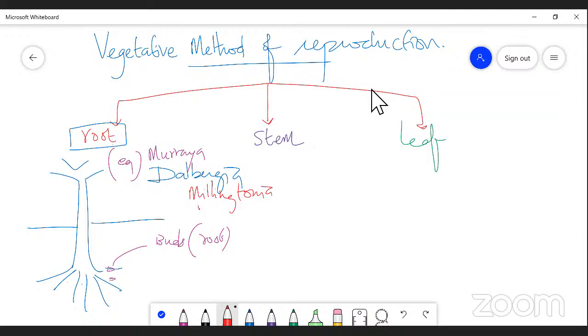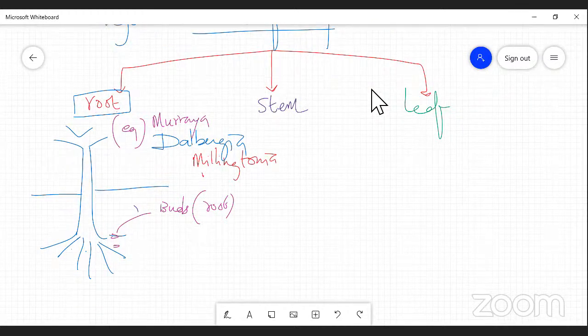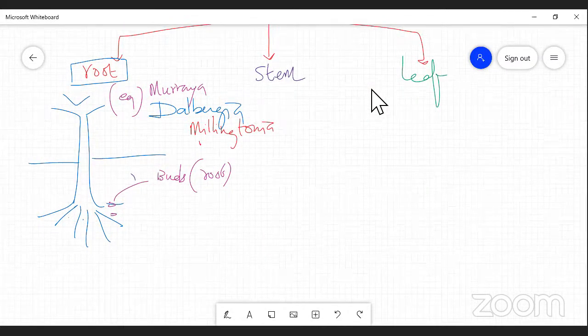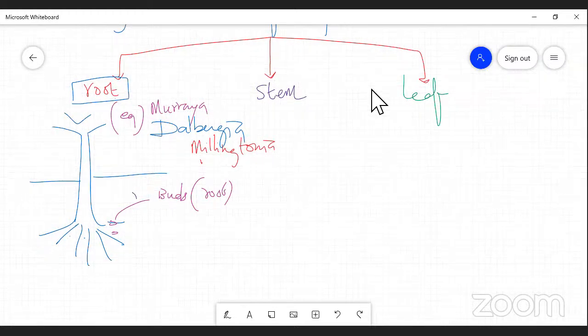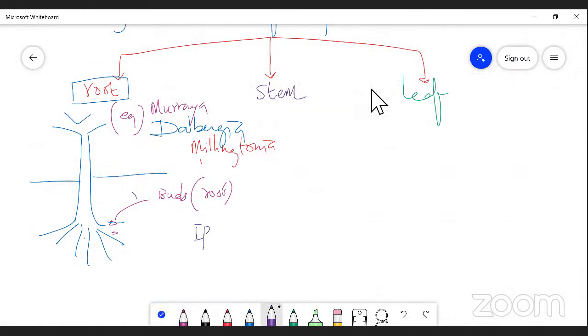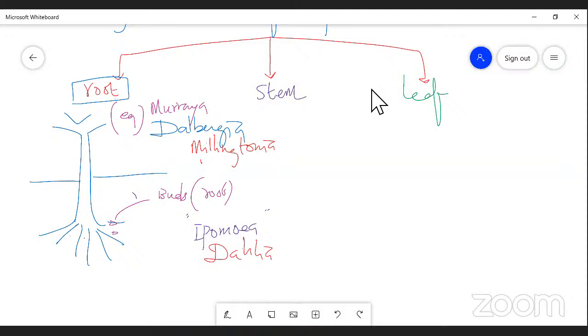Now, some examples in Ipomoea and dahlia, which are also responsible for storage of food material. This too is vegetative reproduction from root only.